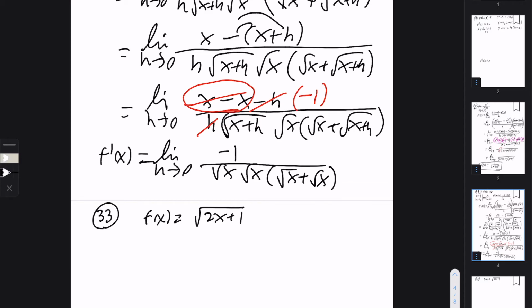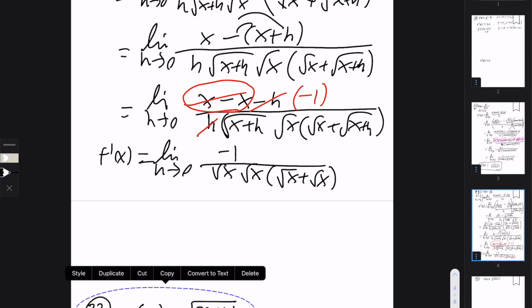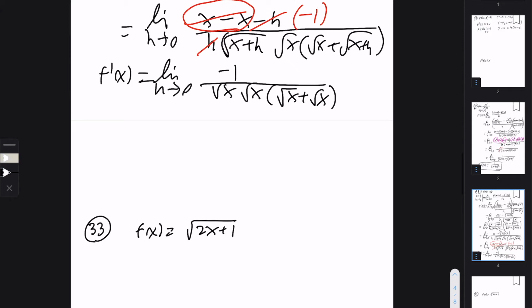I need some room. I'm going to move this thing out of the way. And here we go. Radical x times radical x is just x. And actually, I don't even need this limit because I just took the limit. Negative 1, that's going to give me x. And a radical x plus a radical x gives me 2 radical x's.